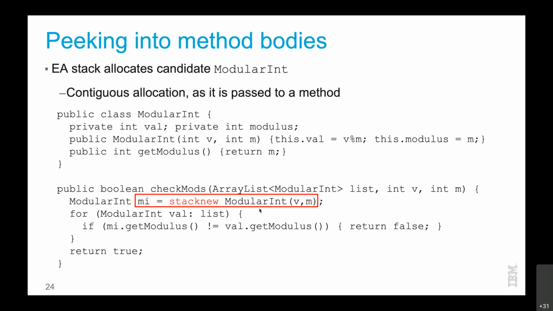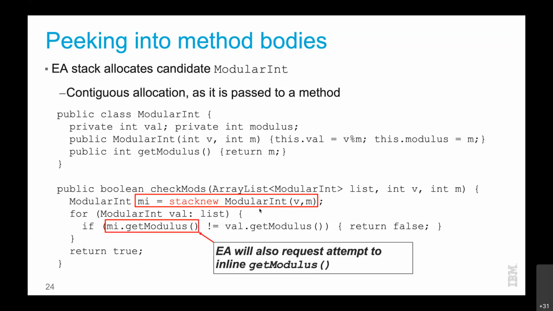So EA will contiguously allocate the modular int on the stack. And as an added bonus, EA will also ask inlining to attempt to inline getModulus at this point, because it's obviously potentially useful. It's an important method for the purpose of the checkMods method.